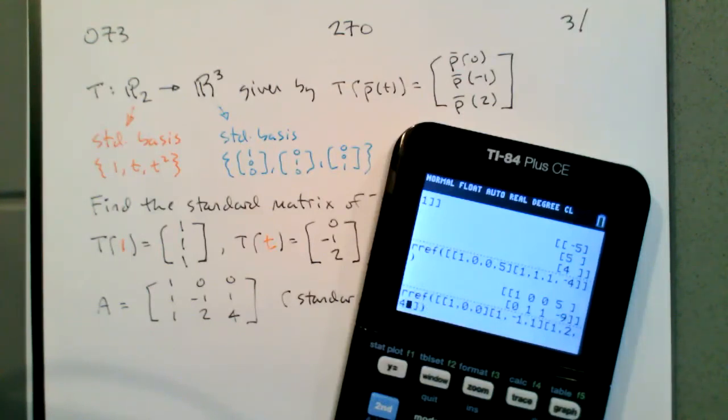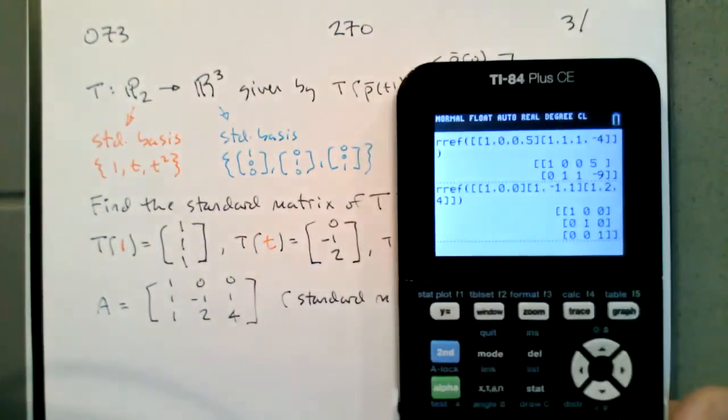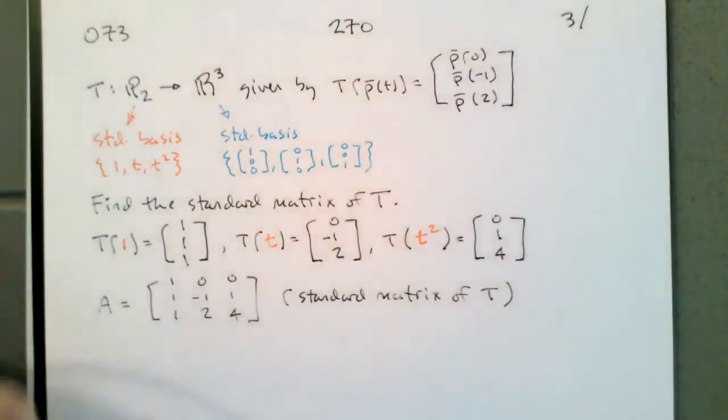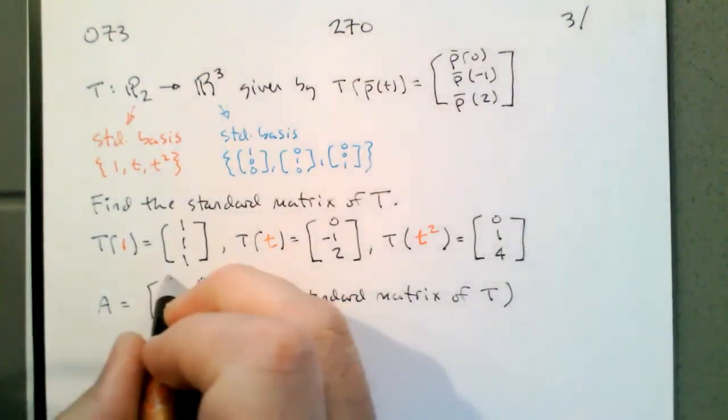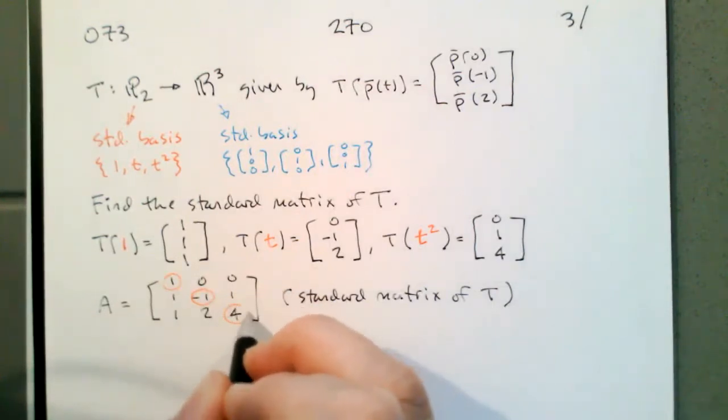So 1, 0, 0, 1, -1, 1, 1, 2, 4. So the reduced echelon form of the standard matrix is the identity matrix. So that means we have a pivot in the first row, first column, second row, second column, third row, third column.